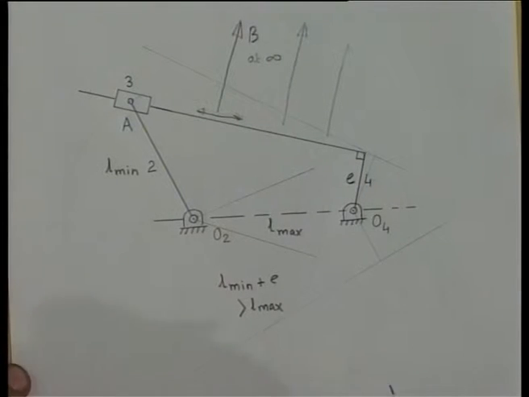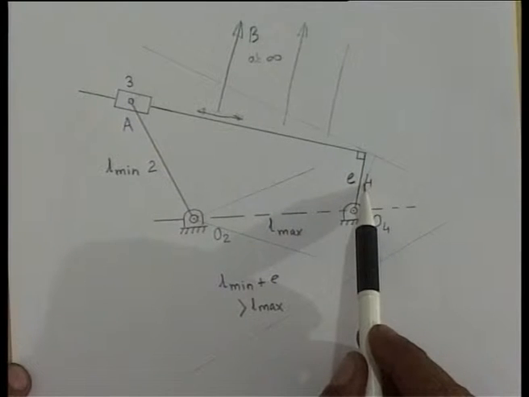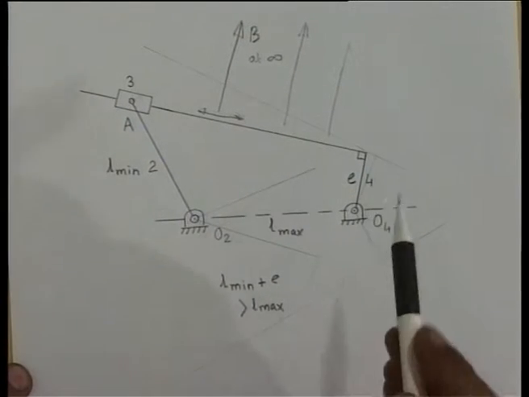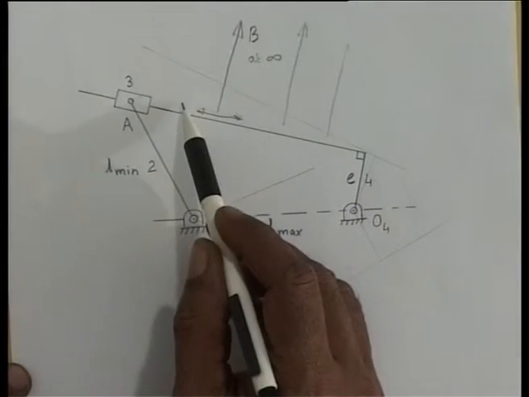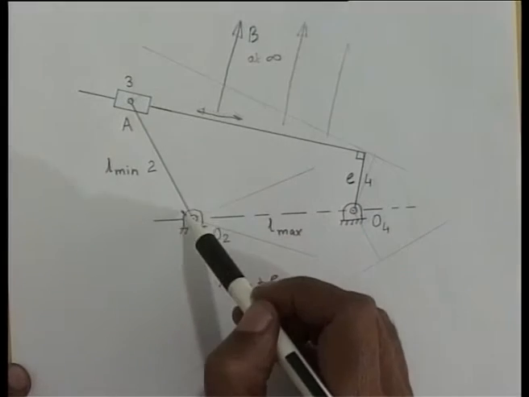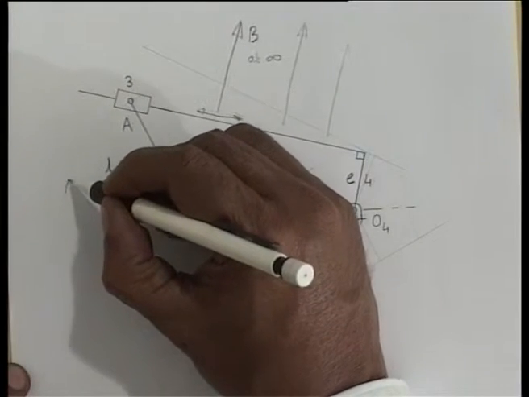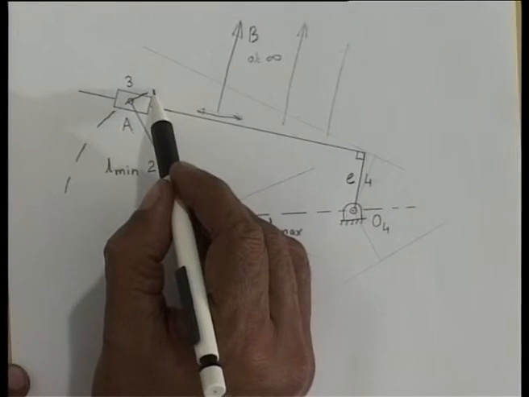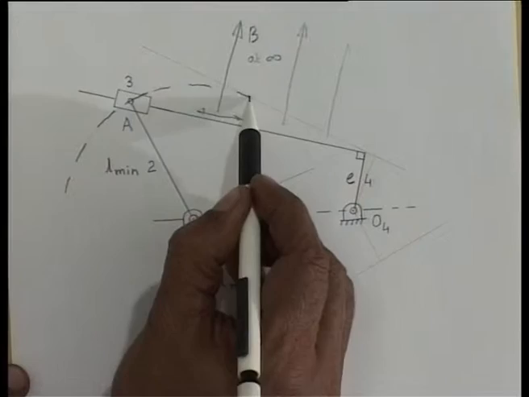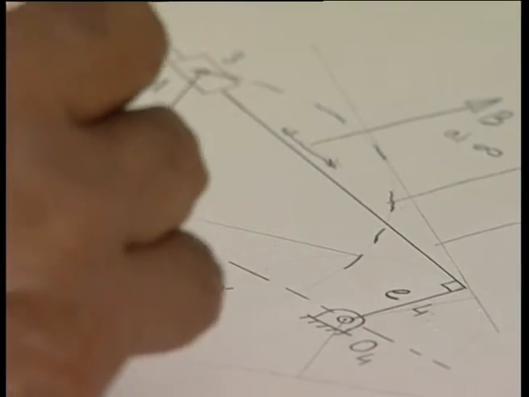Now, to find the extreme position of link 2 or link 4, what I know is that for the extreme position of link 4, the other two links, link 2 and link 3, that is O2A and AB, must be collinear. And A must move on this circle, which is centered at O2 and has radius O2A.